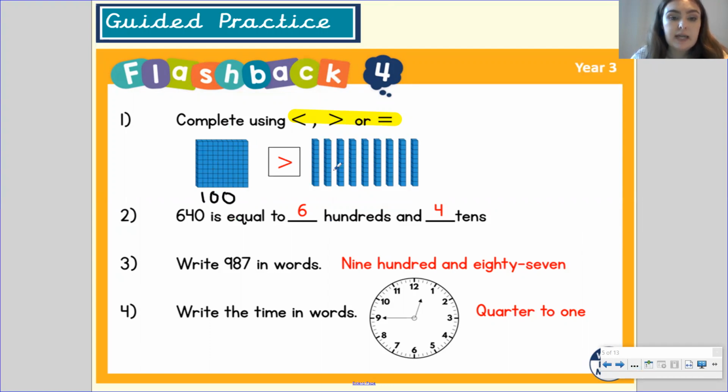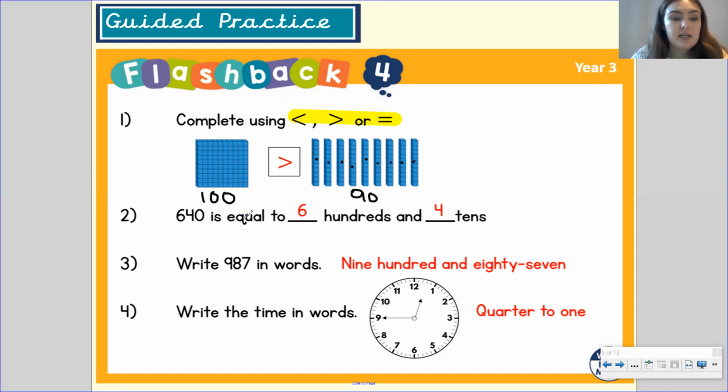And then here we needed to count up the 10 sticks to see what this was worth. So 10, 20, 30, 40, 50, 60, 70, 80, 90. We know that 100 is more than 90. So then you are going to be putting the more than sign in here.